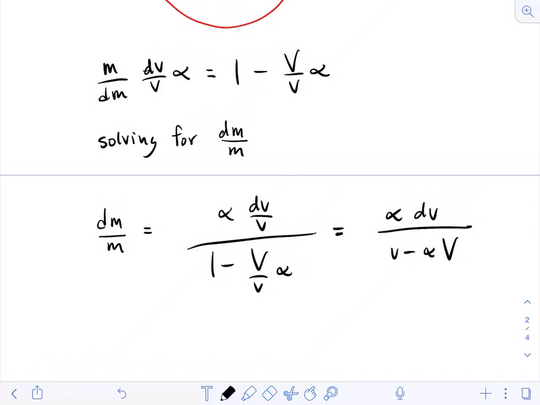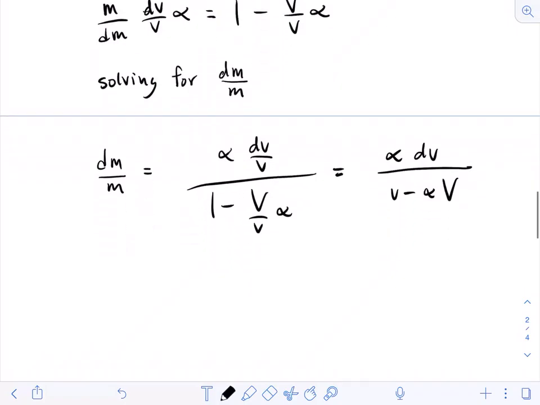This is useful because this is an expression that we could integrate.